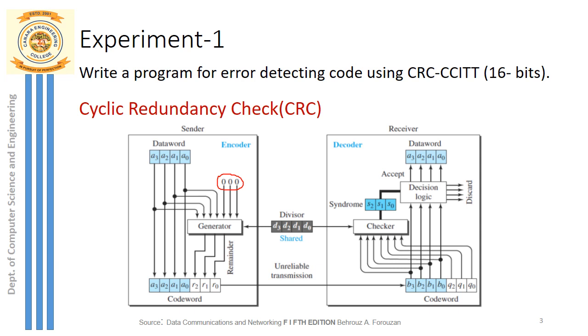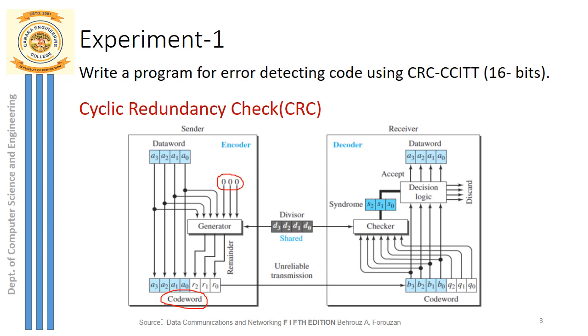After performing the binary division operation, we get a remainder of 3 bits. This 3-bit remainder will be added as redundant bits to the data word, which becomes the code word. This code word will be sent through an unreliable transmission where there can be some error during the transmission.